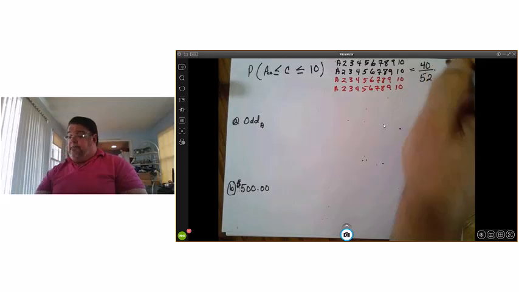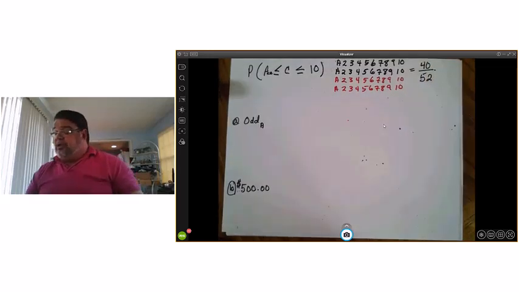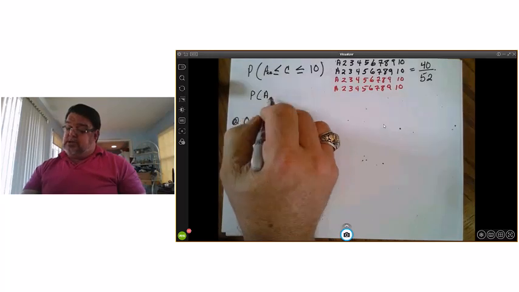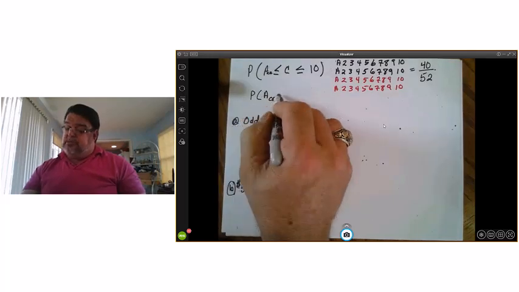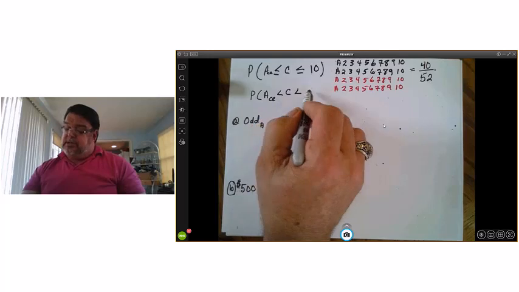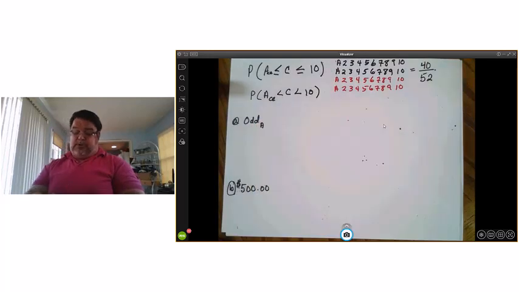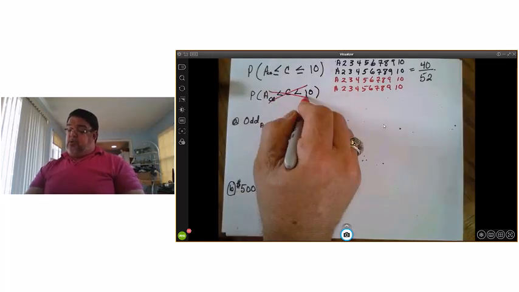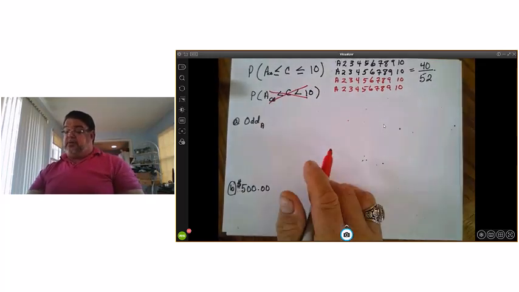Okay? Now, I'm not going to reduce that. I'm just going to leave it like it is. So, the probability of an ace to a 10, and I put red through that. So, what's the probability of not getting it?